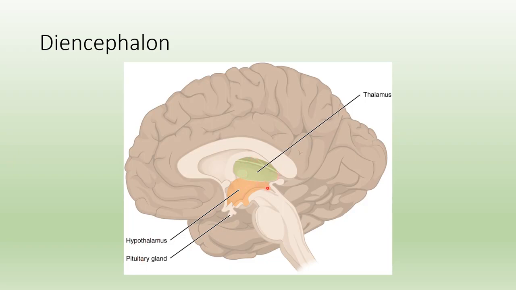Hypo means below. So the hypothalamus is right beneath it. Sticking off, connected to the hypothalamus, is your pituitary gland. You're going to see that again also when we study the endocrine system. And that pineal gland that I mentioned, that's this little knob right over here, tucked under the thalamus.